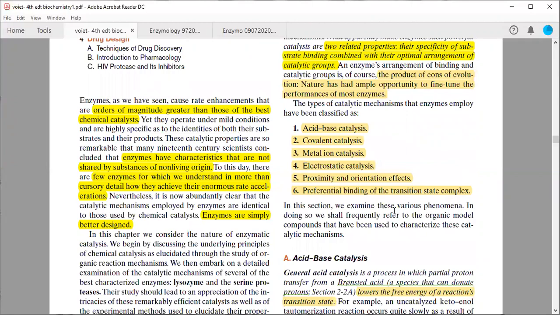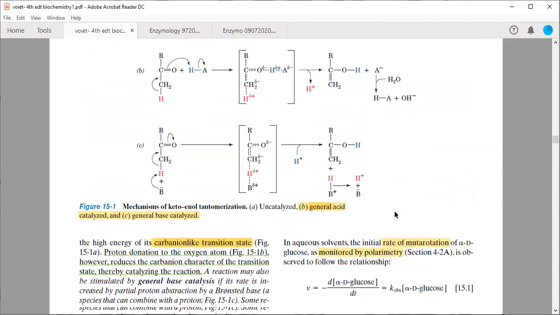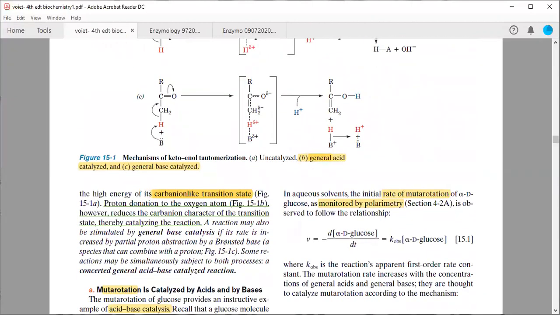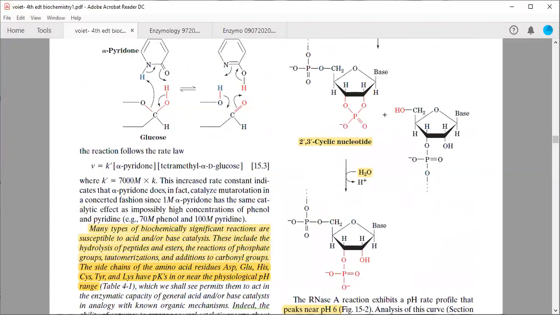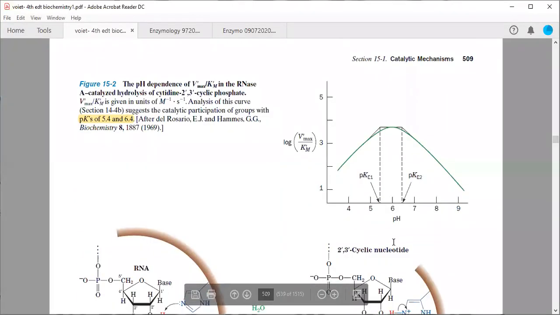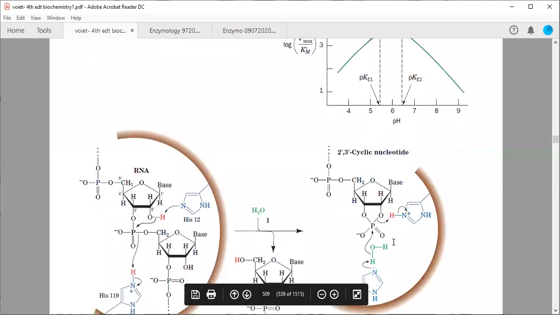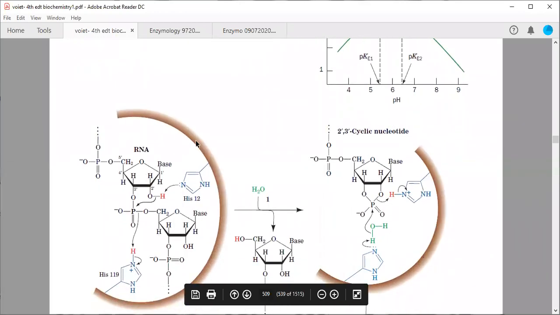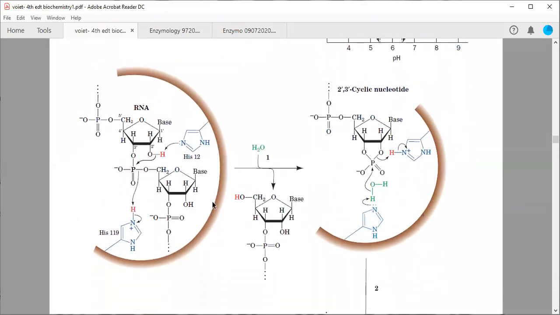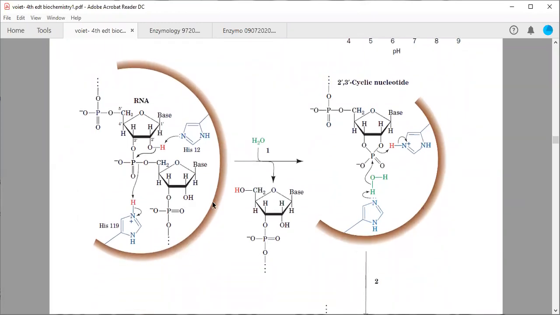One thing I want to show you before we start this. See this for example. This is an enzyme. I'm showing RNase A. I will also tell you the reason why I'm showing RNase A first, not anything else.